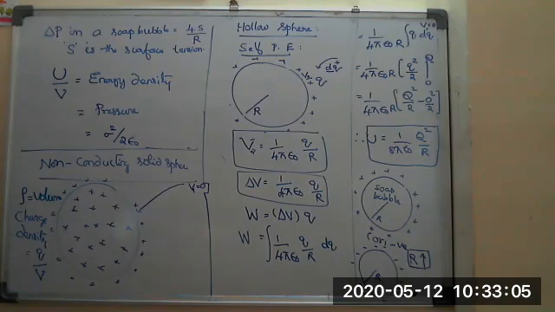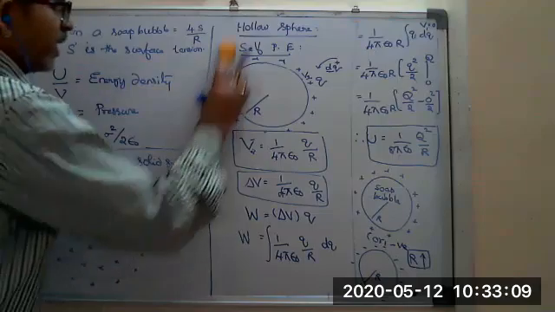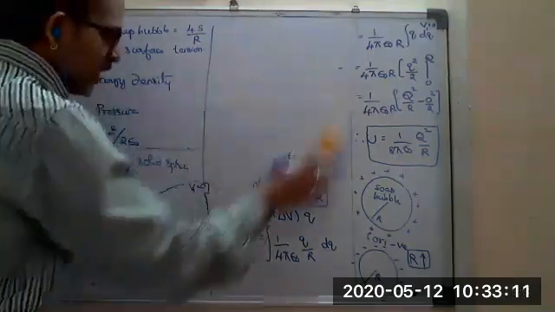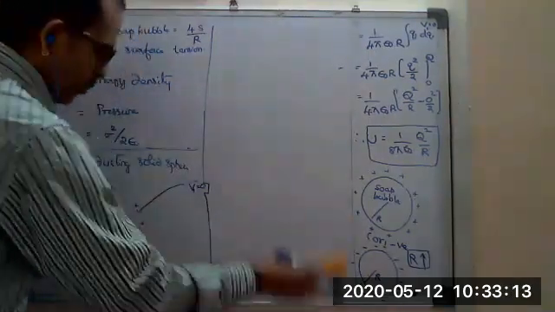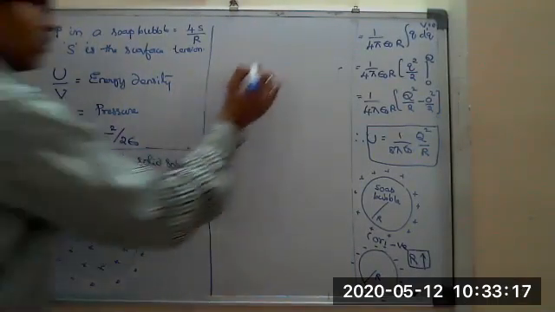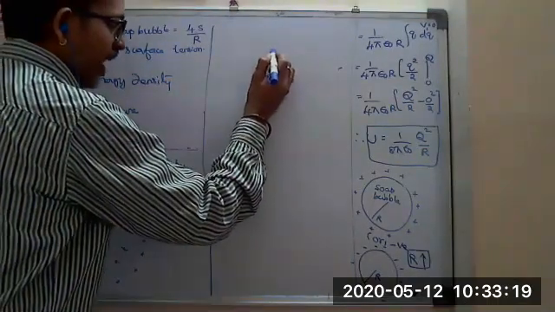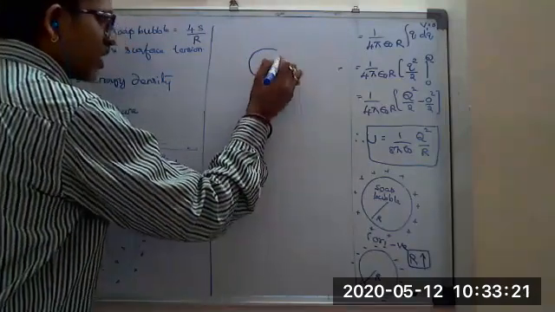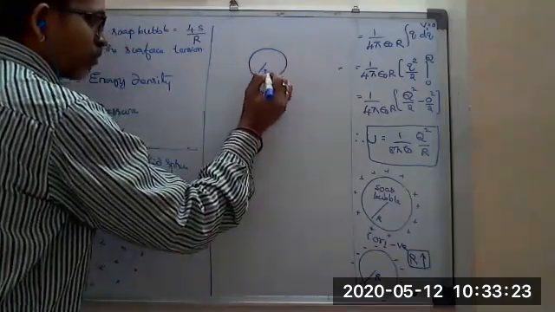To understand the concept, what I am going to do is form this sphere like this. At an instant, the radius of the sphere is r.